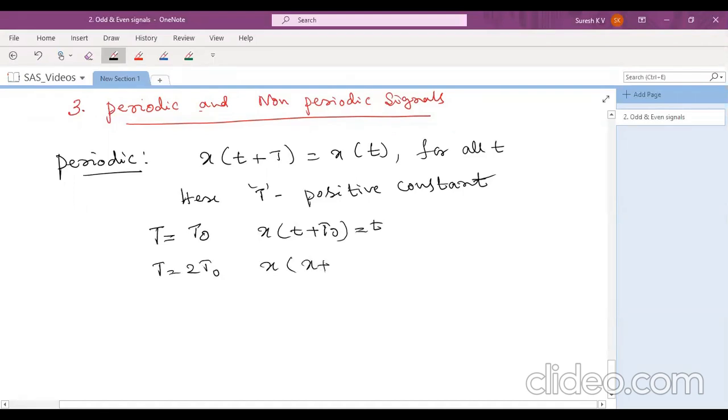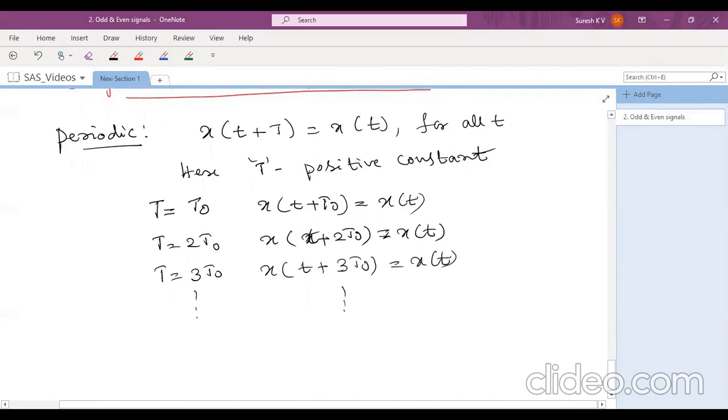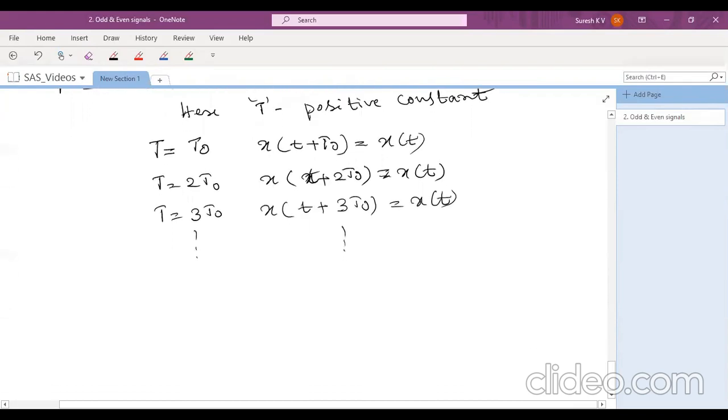That is x of t plus 2 T naught is equal to x of t. And similarly, say for example, T equal to 3 T naught, x of t plus 3 T naught is equal to x of t, so on and so forth. So all the integer multiples of T naught, the condition satisfies.